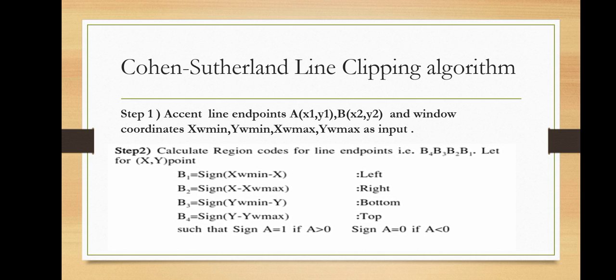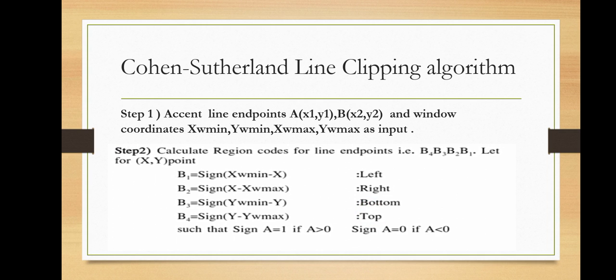What are the formulas you can use to calculate region codes for the line endpoints? Suppose b1 is for left, b2 for right, b3 for bottom and b4 for top.